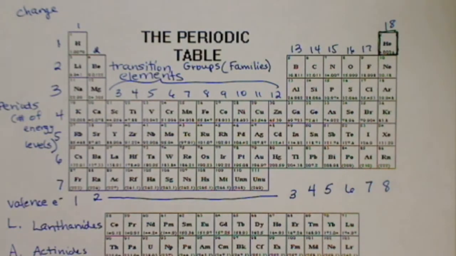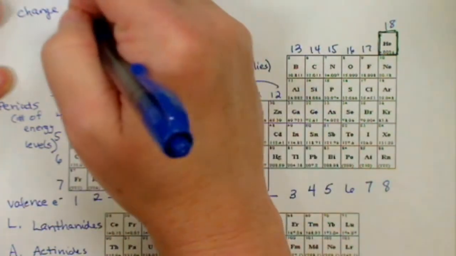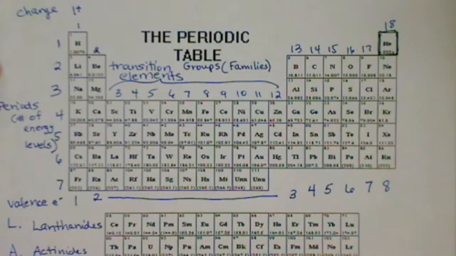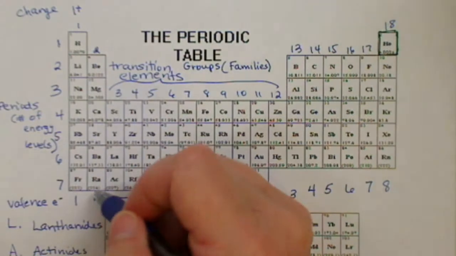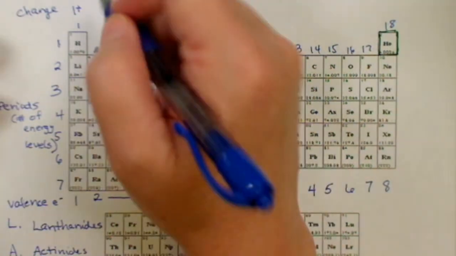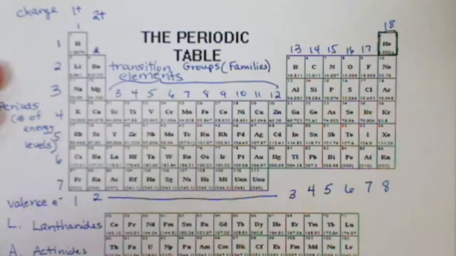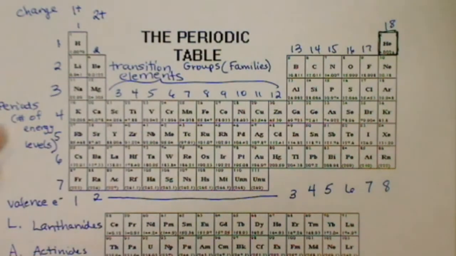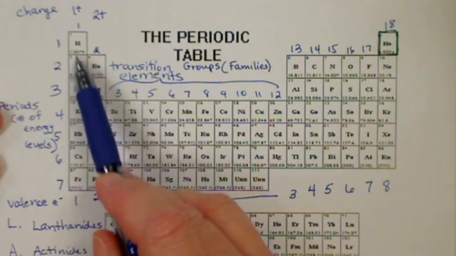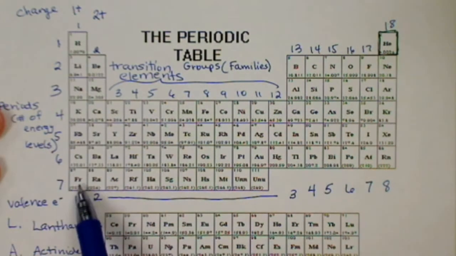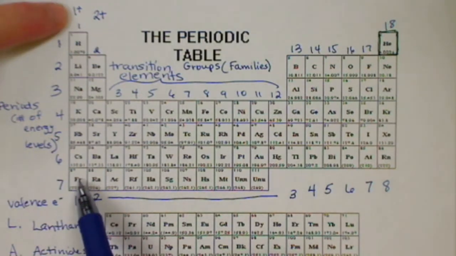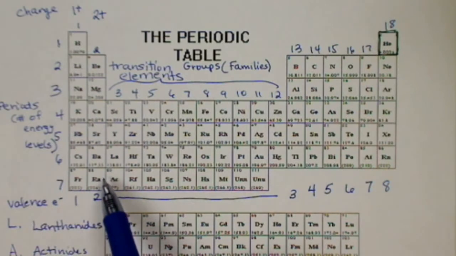If you remember, if you lose one negative out of your life, you're going to be left with one positive. If you have 2 valence electrons and throw out 2 negatives, you're left to be 2 positive. Okay, what this is meaning is that if you were to have an ion of any element in group 1, it's going to have a +1 or a 1+ charge. Group 2 is going to have the 2+.